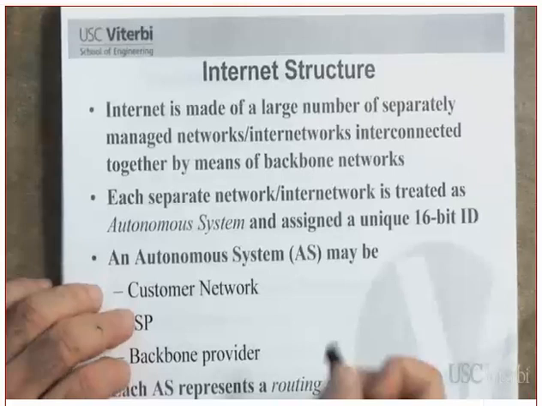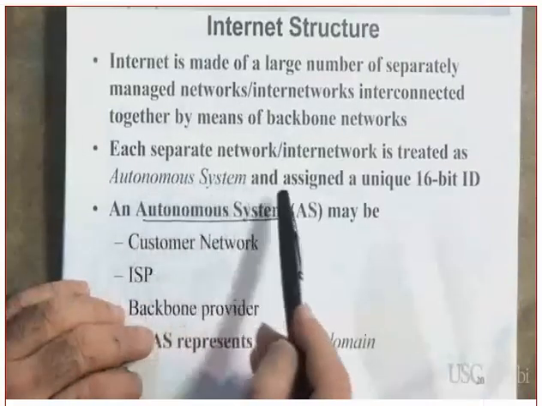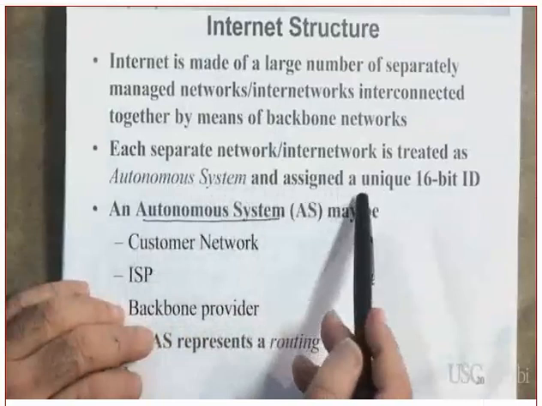In a stub autonomous system, all the traffic is generated here or destined here. In other words, it does not carry traffic of another autonomous system just as a transit. The traffic is either generated here or terminated here.